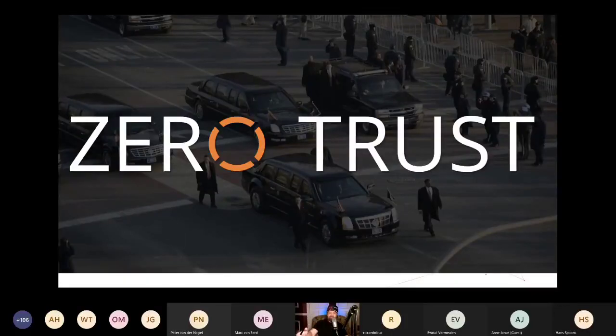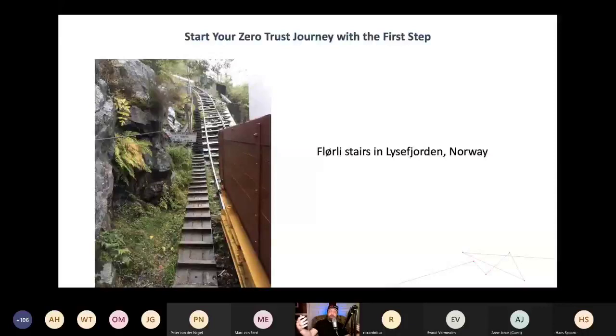It does not matter. Now, where do you start your journey? Well, you start it with the first step. This is the Fjord Stairs in Lysenfjord in Norway, near where my grandfather was born. And so I had some business there, so I went out and looked at this with my cousin, and it really inspired me because this is a mountain.